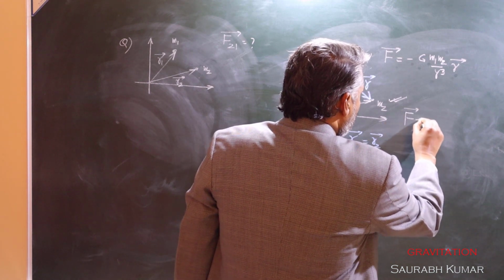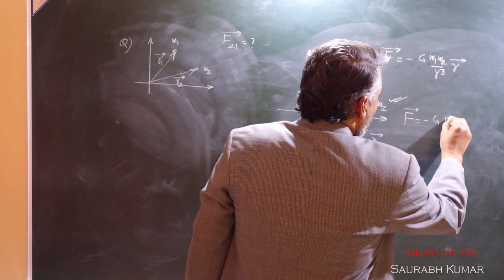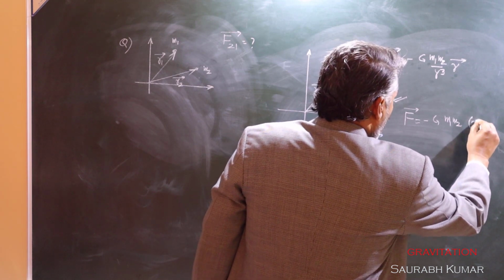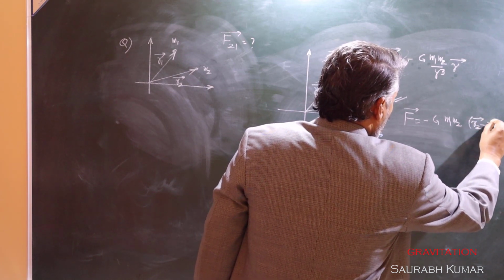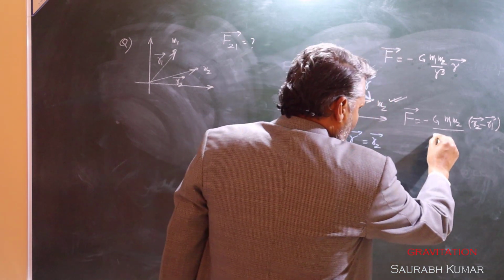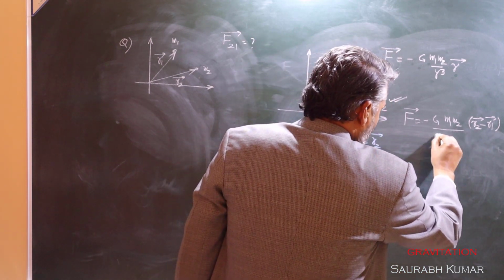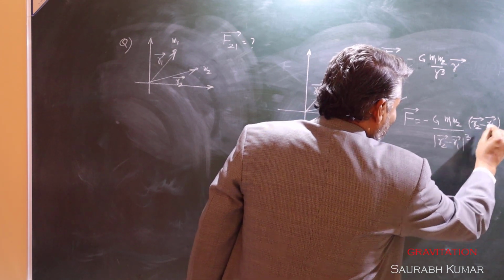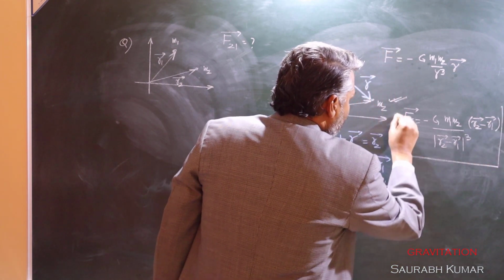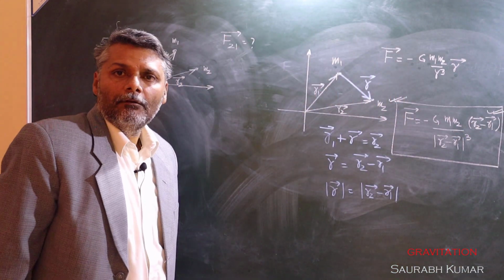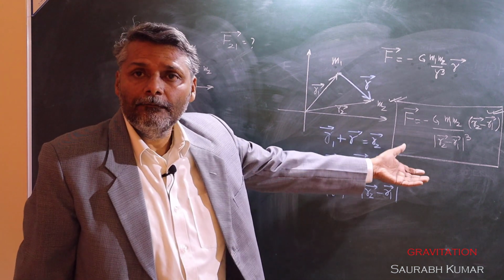F vector is equal to minus G m1 m2 into r2 vector minus r1 vector divided by mod of r2 vector minus r1 vector to the power 3. So this also is known as Newton's law of gravitation using vectors.